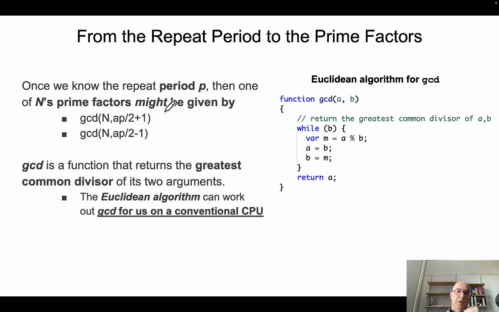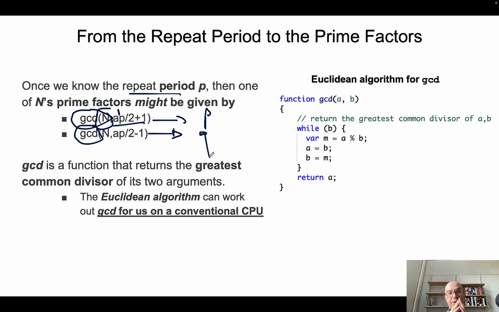Once we know the repeat period, we can use the greatest common divisor of the number n and the number calculated as follows: the coprime to the power of the repeat period divided by 2, plus 1. This will give our two numbers that factorize our number.